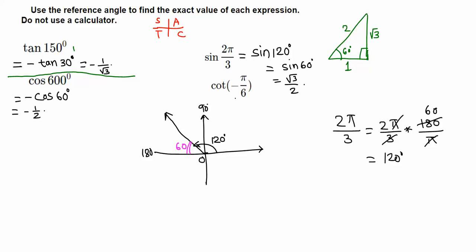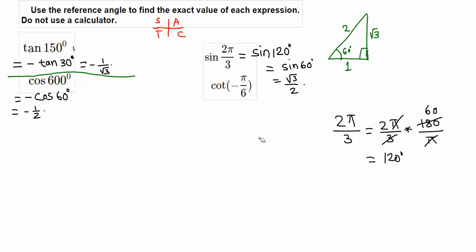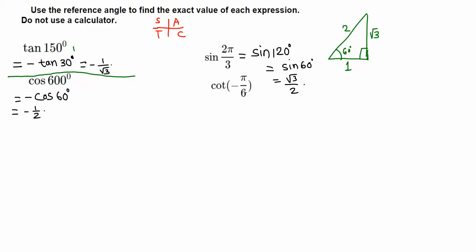Okay, and finally let's go for cotangent of negative π/6. Negative means our angle is in the clockwise direction. Let's change this into degrees. π/6 multiplied by 180/π, π cancels, 6 goes into 180 30 times.